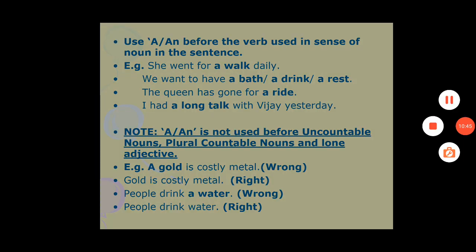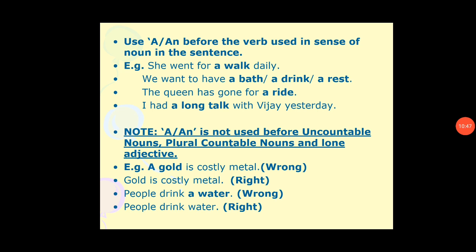Okay, see here, use a and an before the verb used in the sense of a noun in the sentence. For example, what did you understand here? A or an before the verb used in the sense of a noun in the sentence. There are certain verbs which have their sense like a noun. You can see in the example, she went for a walk daily.